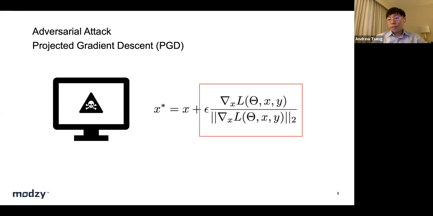Y is the true label, X is the input, theta is the model, and L is the loss function. What we're doing here is taking the L2 norm of the gradient of the loss with respect to the input. And this noise is multiplied by a small number, an epsilon coefficient. And this is the attack we would like to extract.